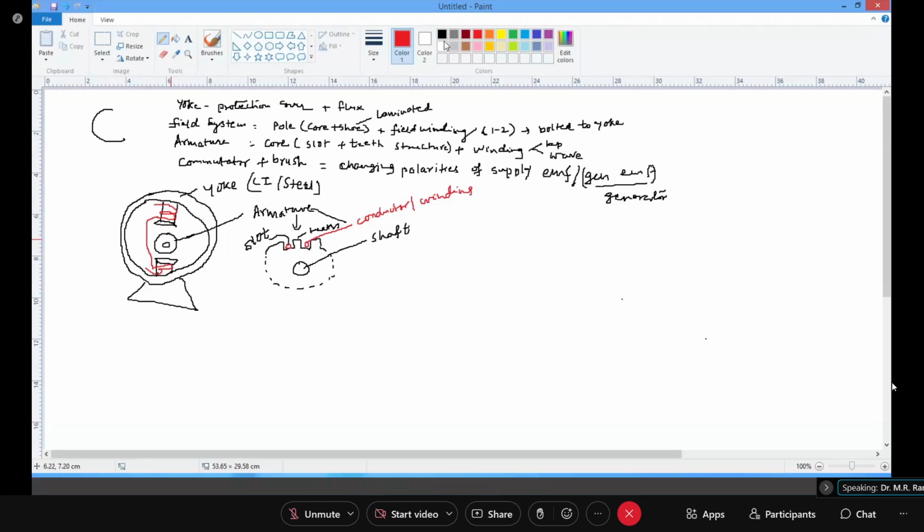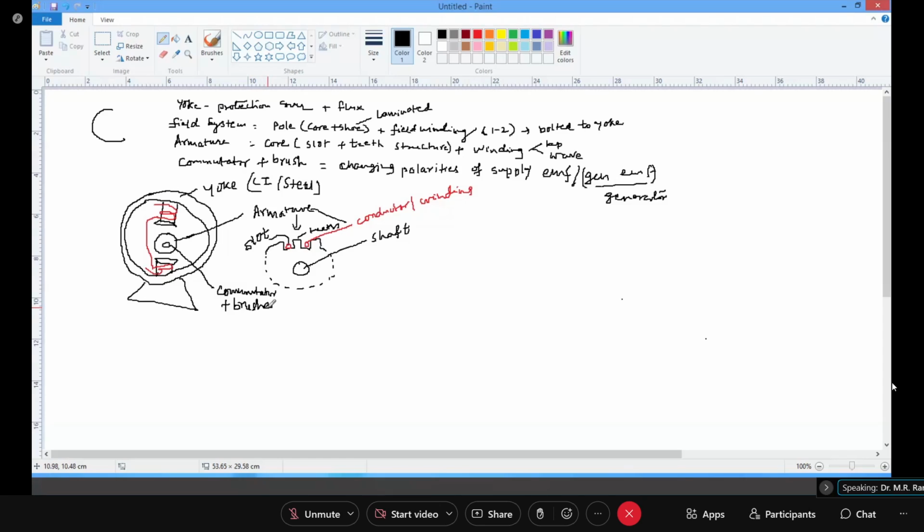And this is my commutator and brush. Two brushes are there.